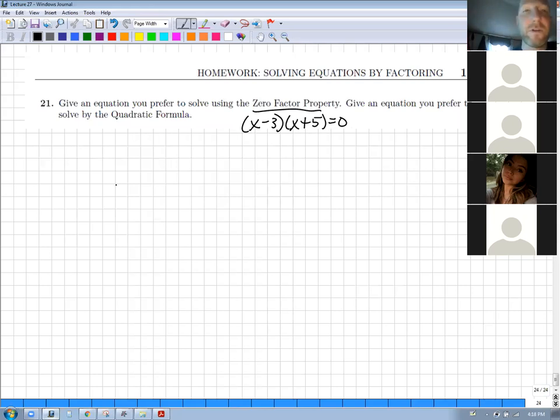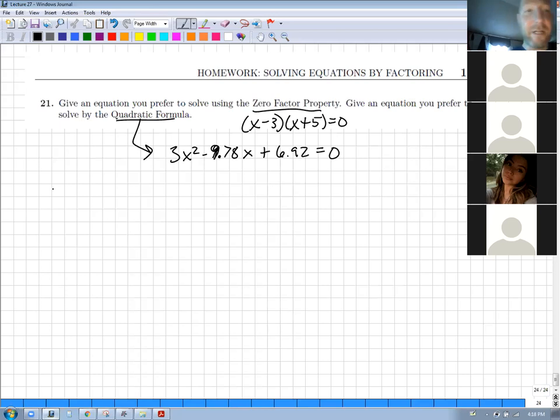Now, as far as the quadratic formula, the equation that I would rather use the quadratic formula for, 3x squared minus 9.78x plus 6.92. Right? I wouldn't want to try to factor that.